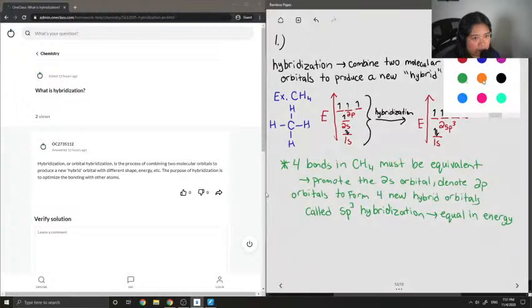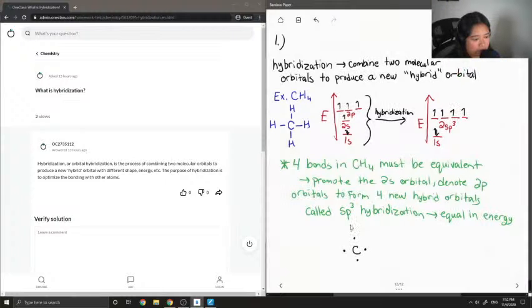So if we were to write out that same CH4 molecule, you'd have the carbon in the middle. Let me write it smaller. So you have the carbon in the middle with its 4 electrons. These are its 4 valence electrons. And then around it are all of the hydrogens, each with their valence electrons as well.